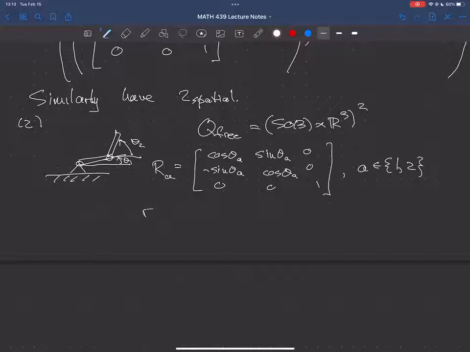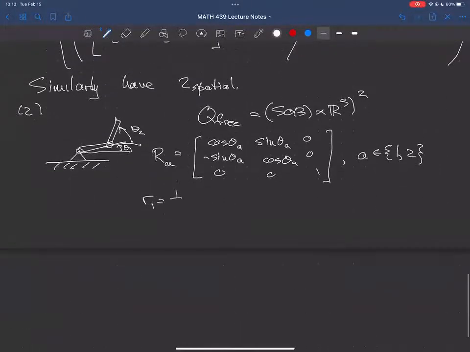I had a little r, and little r1 was 1/2 L1 cos theta 1, and then 1/2 L1 sine theta 1, 0.